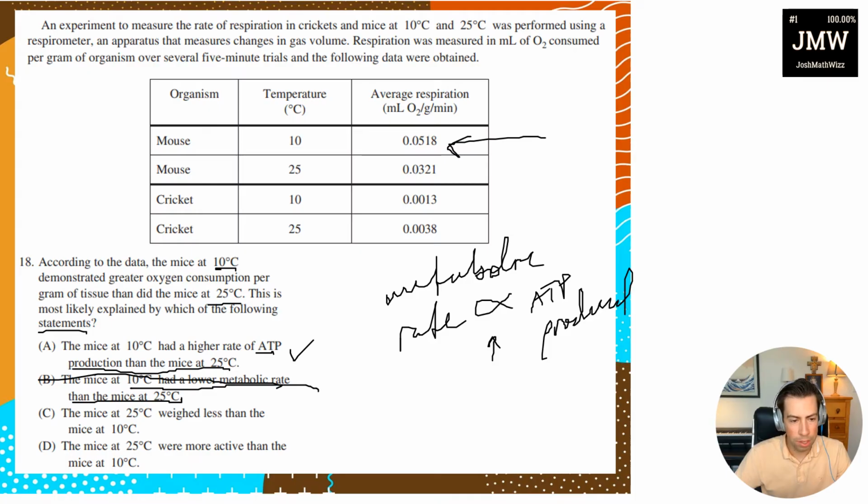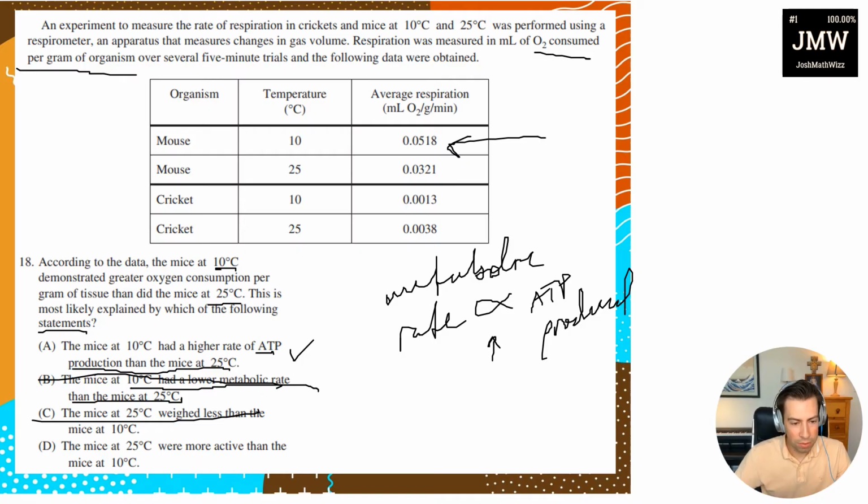So B is out. C says the mice at 25 degrees Celsius weighed less. Well, again, look, what does it say? O2 consumed per gram of organism. So they already took into account all their weights and normalized it, so that's out.